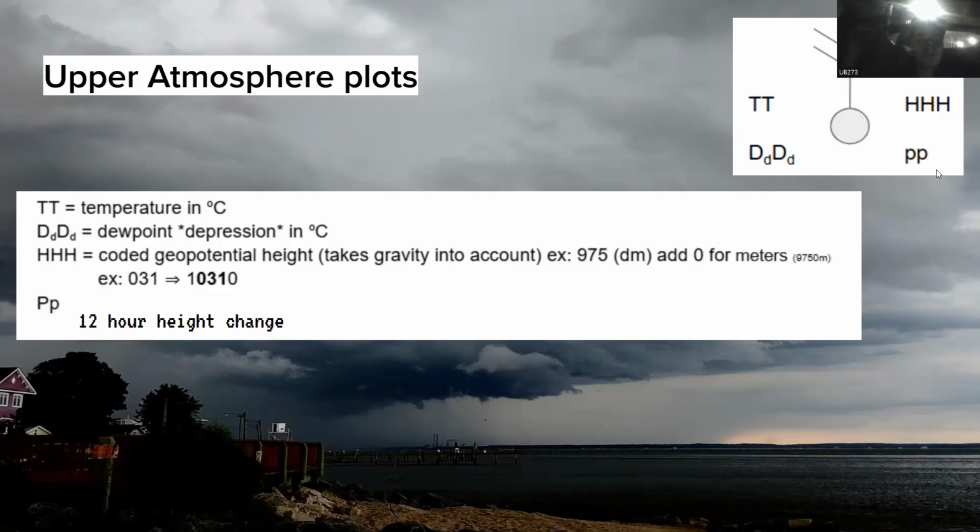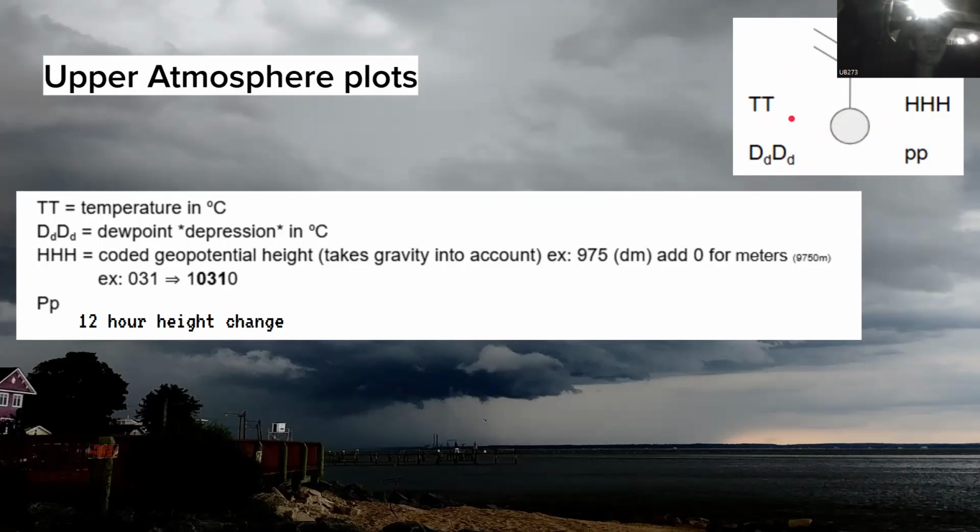So in the upper atmosphere, we have station models just like we do at the surface. I don't remember if I talked about the station models for the surface, but I don't think I did. So that might be something to brush up on if you don't know what that is. But that's these things here, and there are four different things around it.